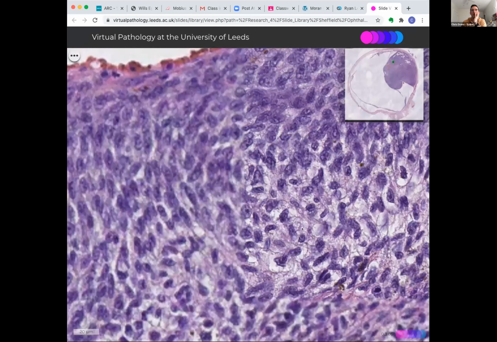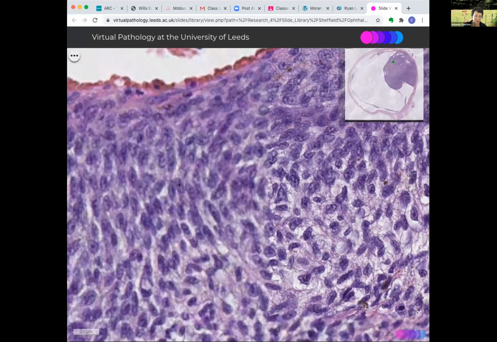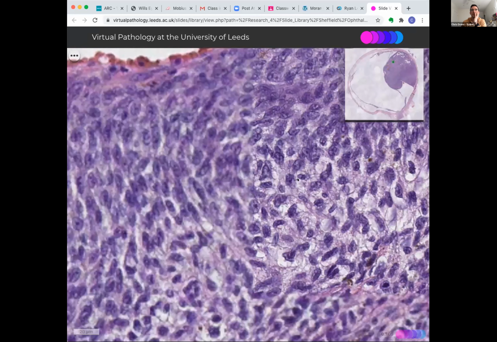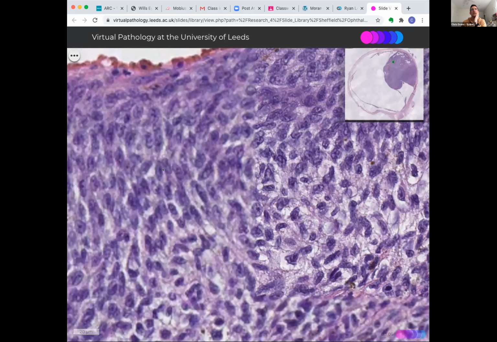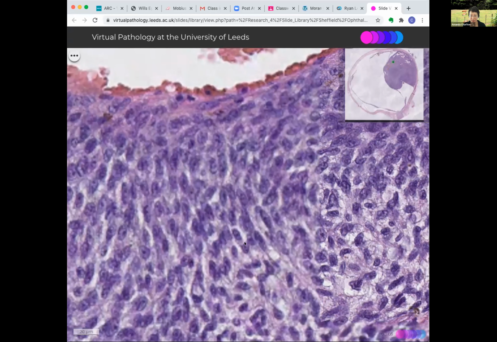These ones up here give you the impression that they're a little bit more elongated, a bit more ovoid, so possibly mixed. Maybe mixed, but I'm happy to be corrected.